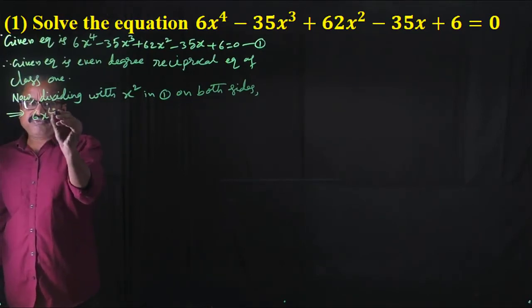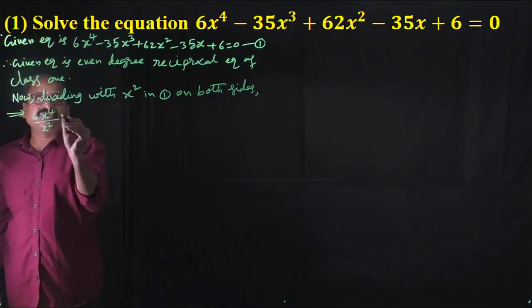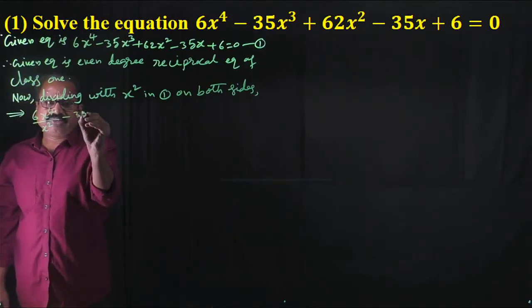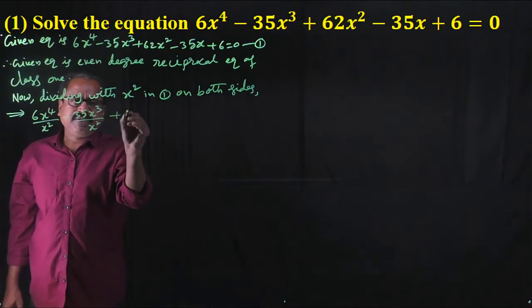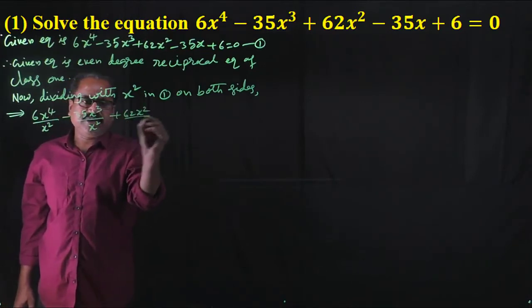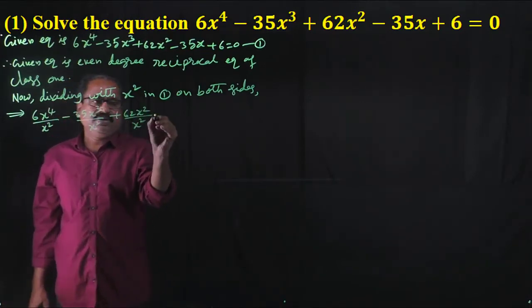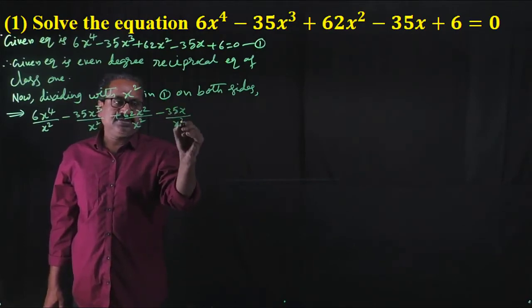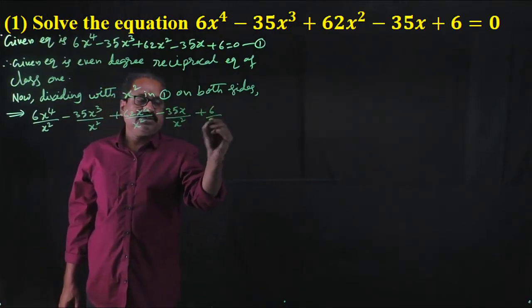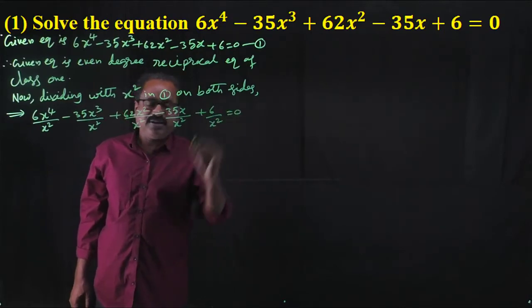6x^4/x^2 - 35x^3/x^2 + 62x^2/x^2 - 35x/x^2 + 6/x^2 = 0.